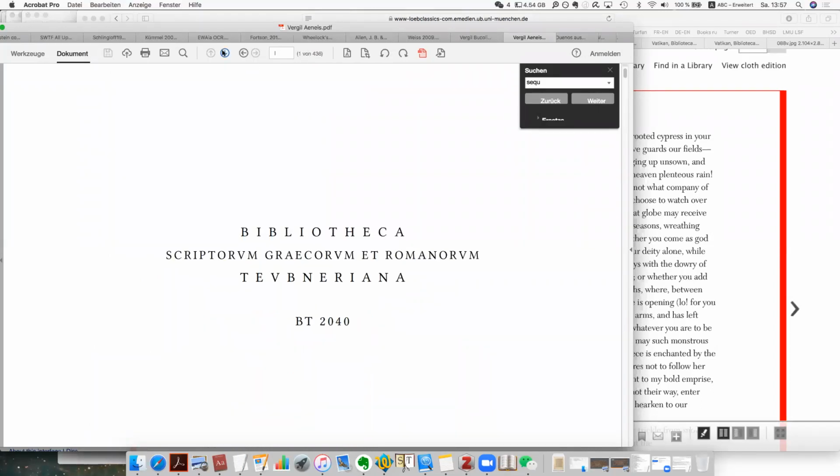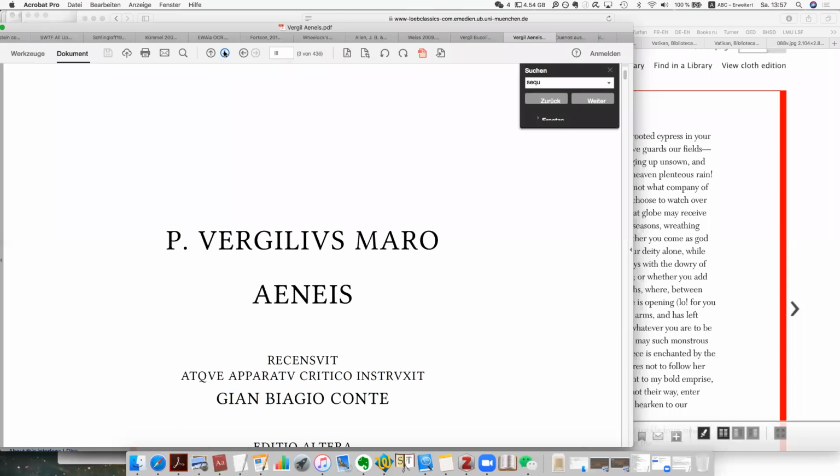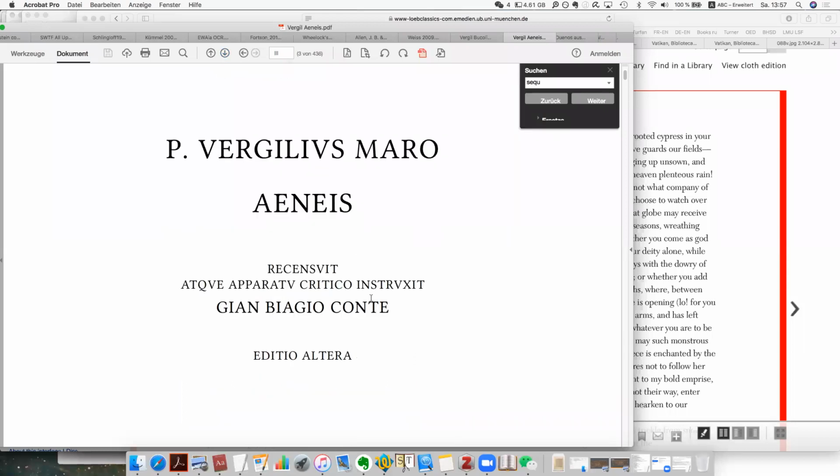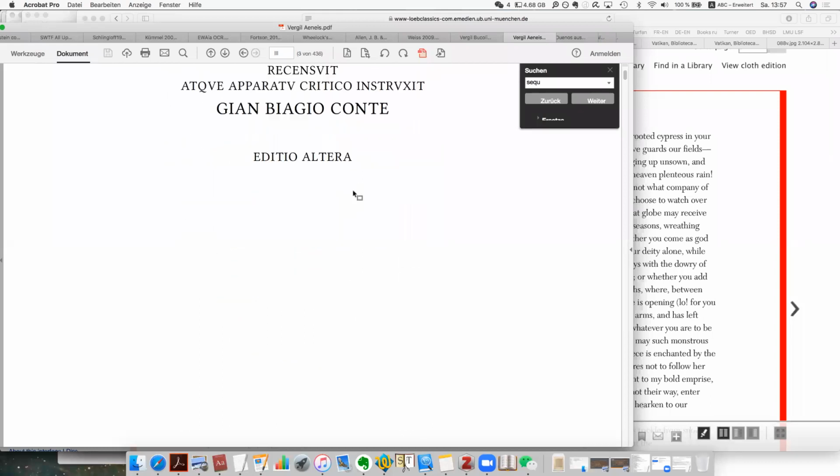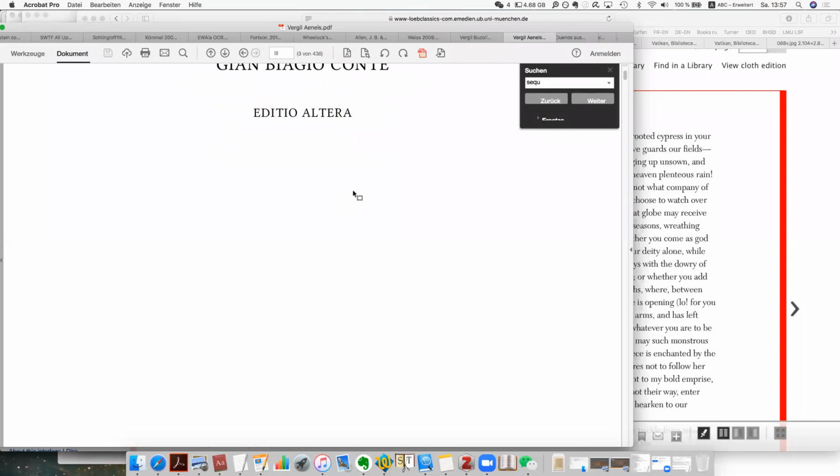I already sent it to our group chat. So this is a standard, one of the best editions of the Aeneid by Virgil, and it is the textual, the critical edition, and let's check it.